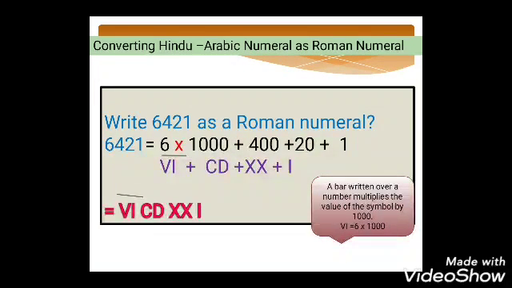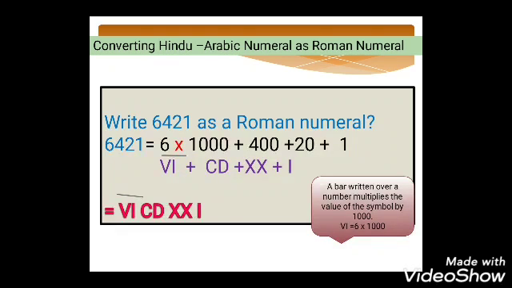Now let us write 6421 as a Roman numeral. So we can write large numbers, but there is no 0 here. You must have noticed. For 6000, the place value is 1000. So what we have to do is write the digit 6 and place a bar over it.